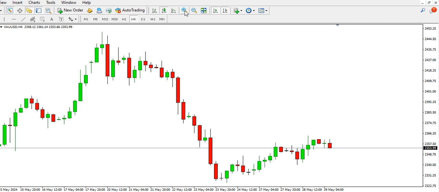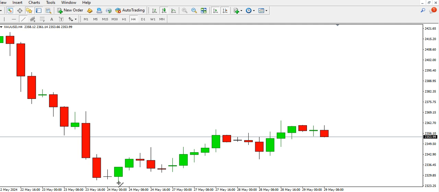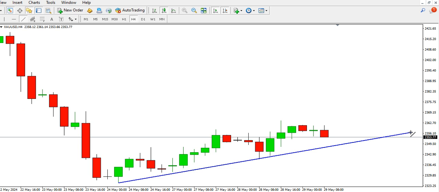For now, on the 4-hour time frame, we have a trend line which the bulls must ensure that it gets respected. If this trend line fails, price might likely drop.